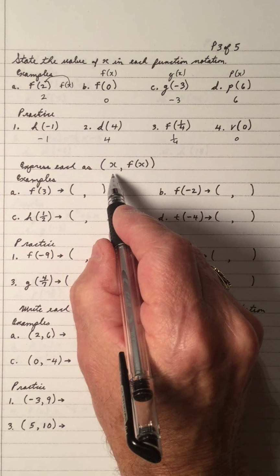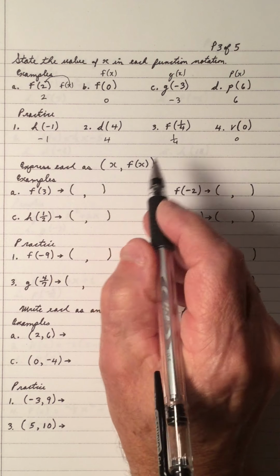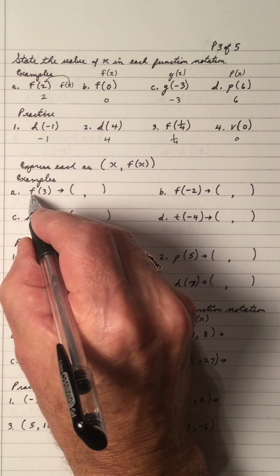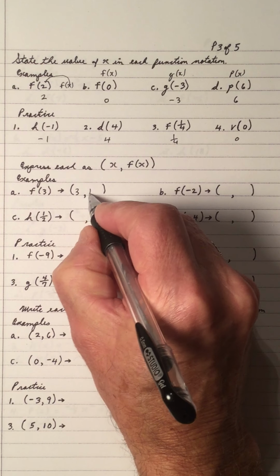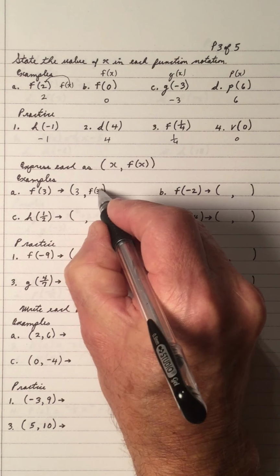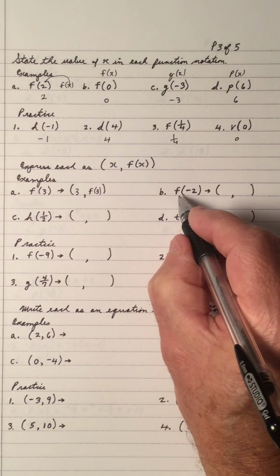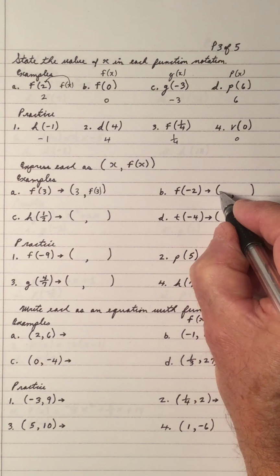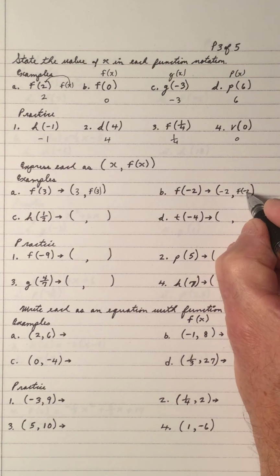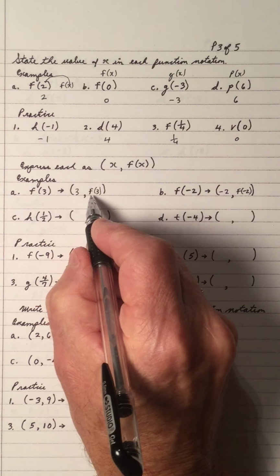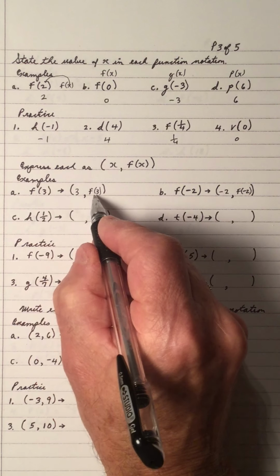Express each as (x, f of x). So f of 3, x is 3. This y value is f of 3. f of negative 2, x is negative 2, and this is f of negative 2, because f of x is your y value.